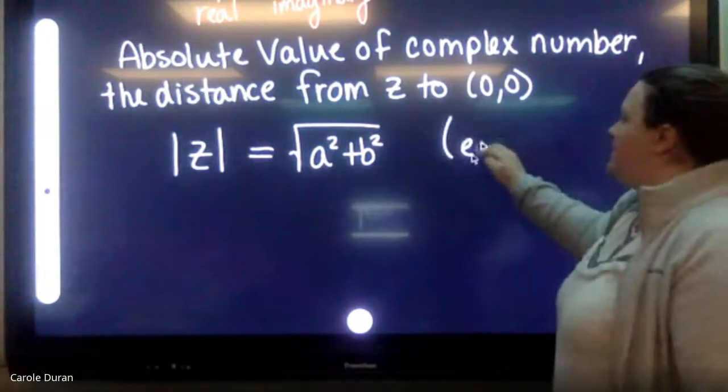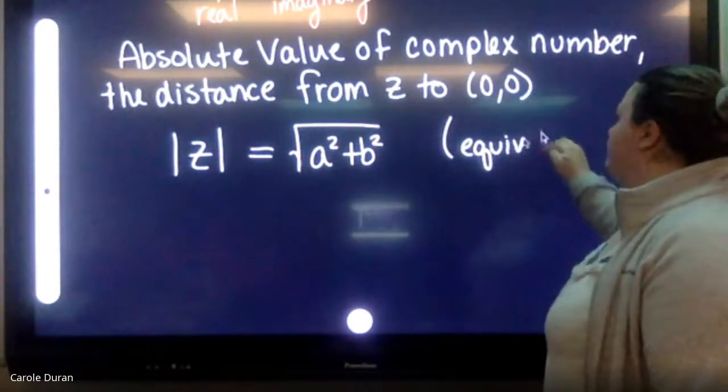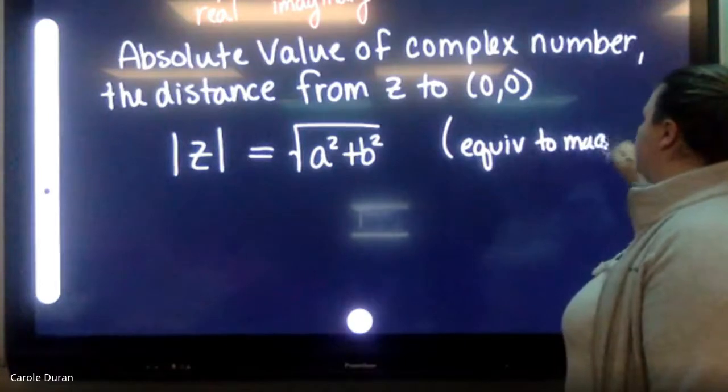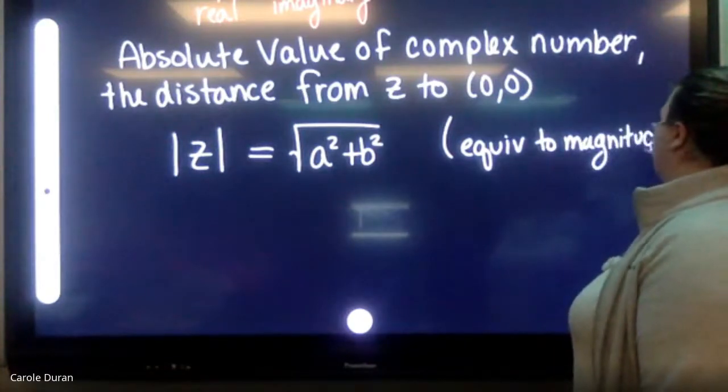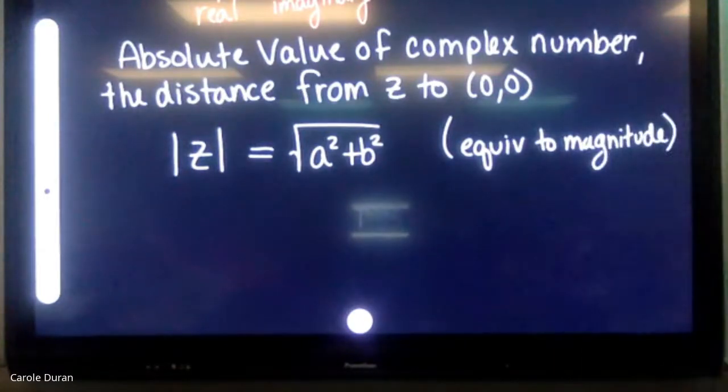So I like to say that this is equivalent to magnitude. When we talk about this length for a complex number, instead of 2 absolute value lines on each side, we just use 1.